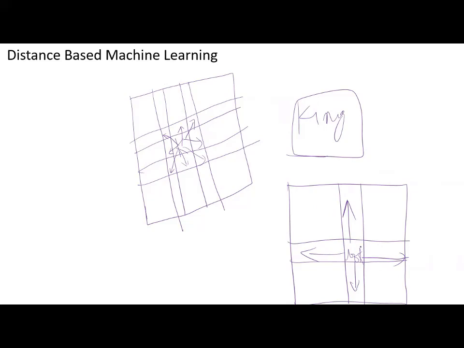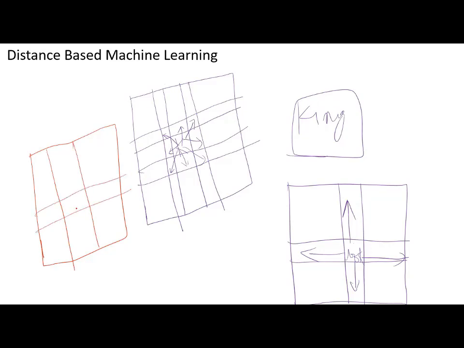So this is also called distance. Similarly, if you consider a bishop, it moves diagonally.